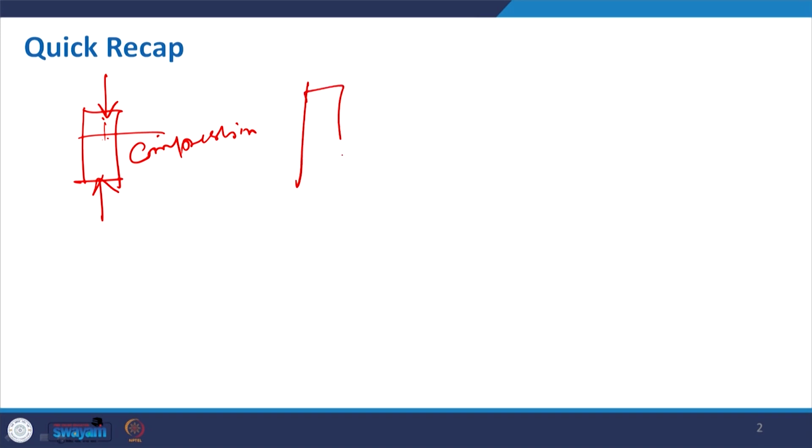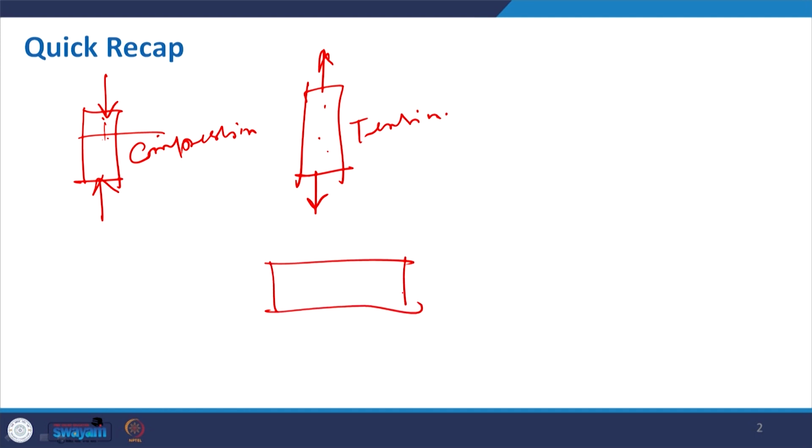If you pull the same object, the particles try to go away from each other, and that forms tension. Whenever it tries to bend, it is a combination of both.